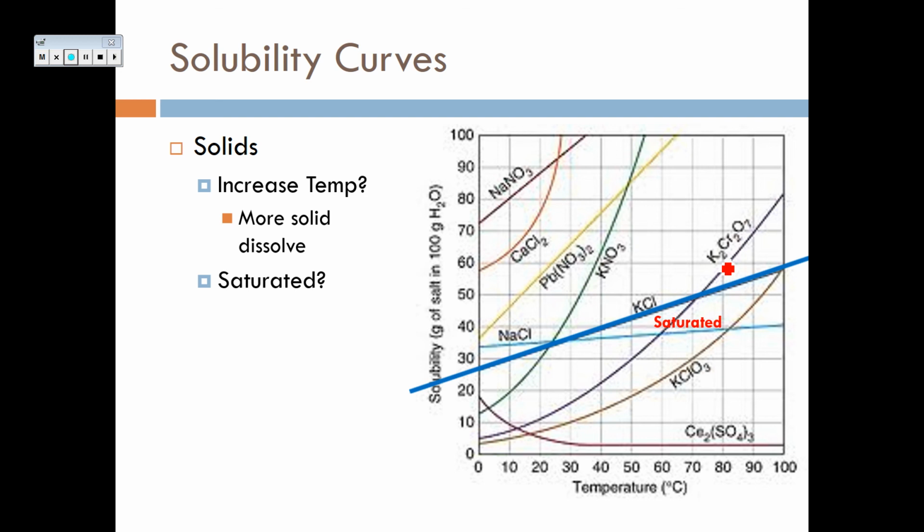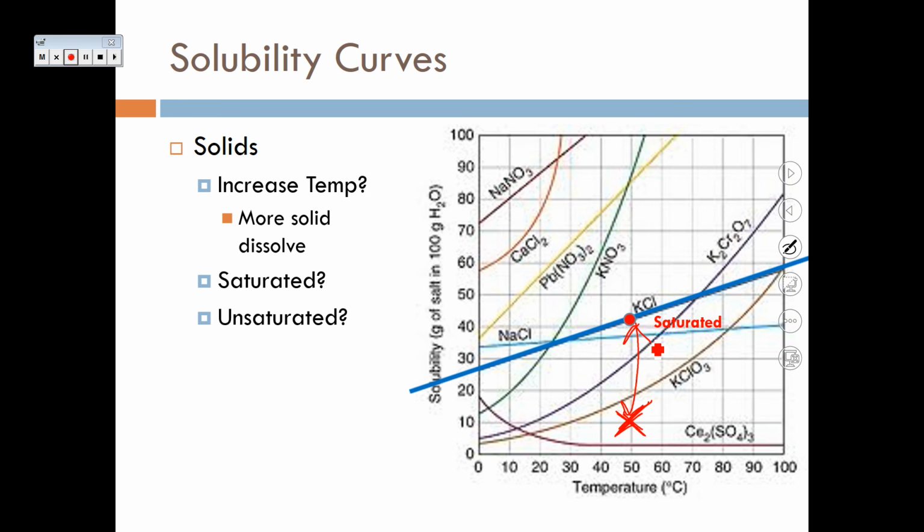There is also something called unsaturated. Unsaturated is a point on the solubility graph that is below the saturation. For example, if you had 10 grams of KCl at 50 degrees Celsius, you would be unsaturated because you can add more KCl at 50 degrees Celsius before you reach its saturation.